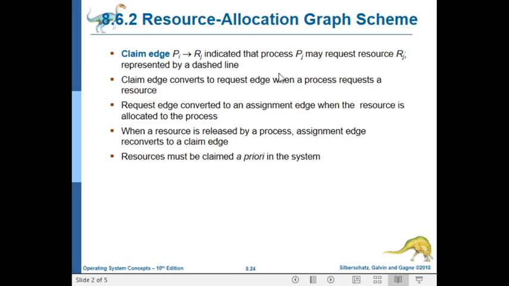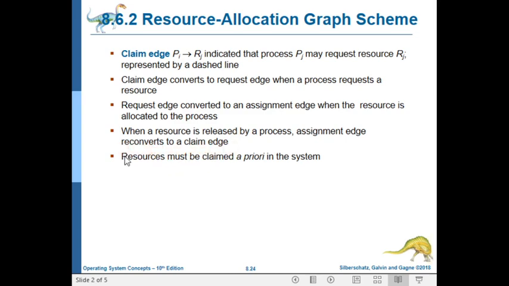Previously it may request, but when it is certain to request the resource, the claim edge converts to a request edge. A request edge is converted to an assignment edge when the resource is allocated to the thread. When a resource is released by a thread, the assignment edge reconverts to a claim edge.